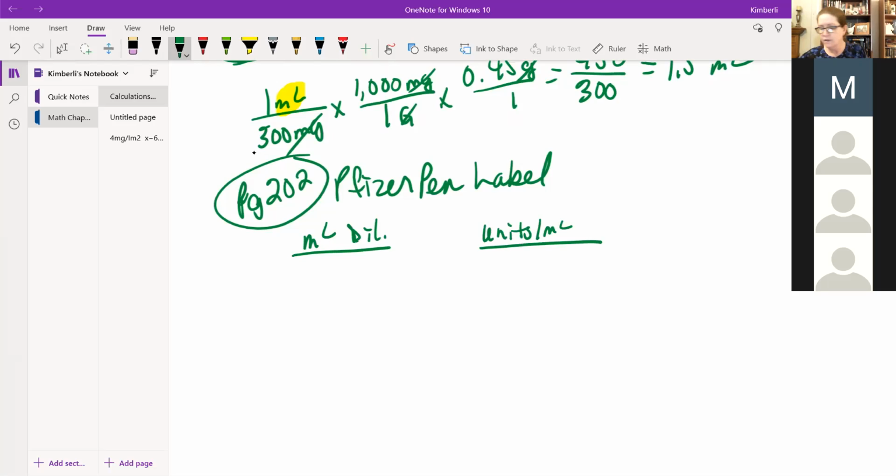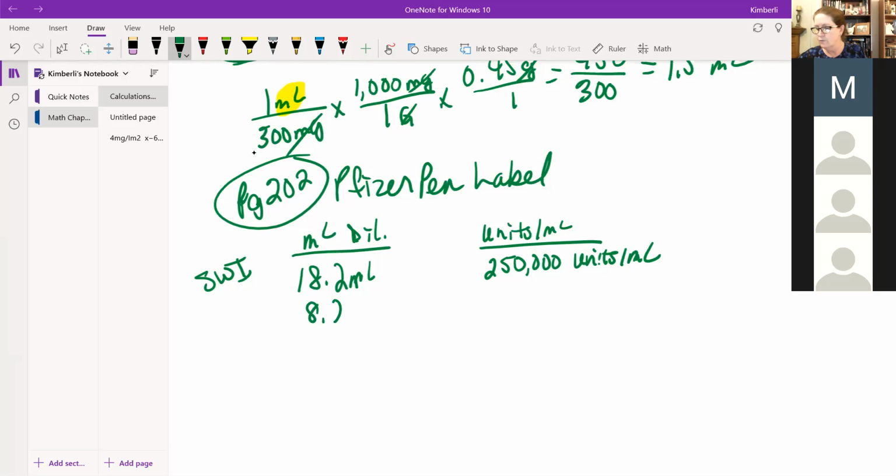So if you add 18.2 milliliters of your diluent, which in this case is going to be sterile water for injection, or SWI, you're going to end up with 250,000 units per milliliter. Now, if you add less water, it's going to be stronger, right? Because you won't have diluted it as much.